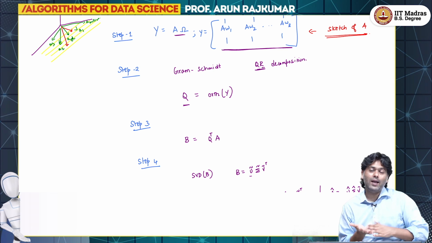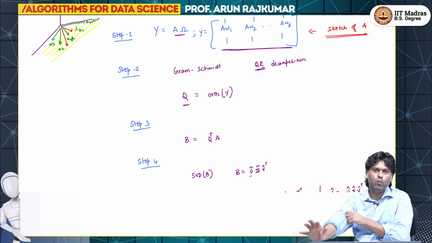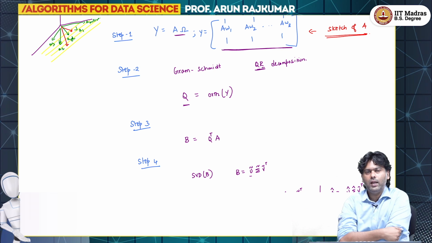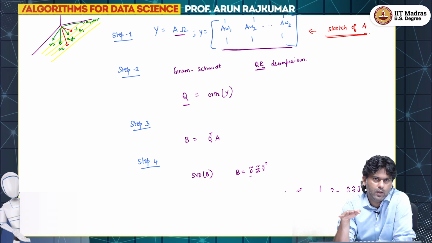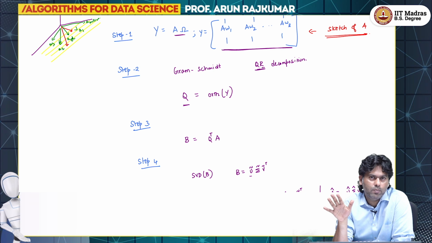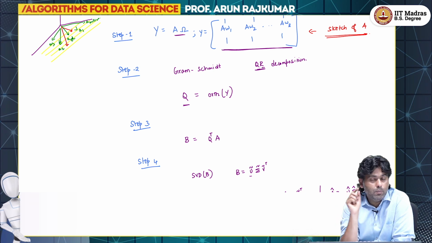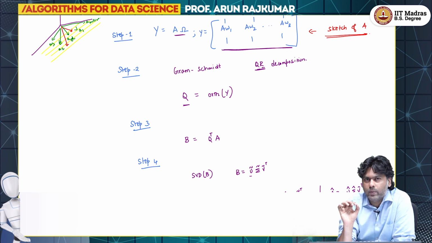That orthonormal basis will be exactly the basis that we want if the data was exactly on a k-dimensional subspace. Let me make this clear: the columns of Q may not be U1 till UK.